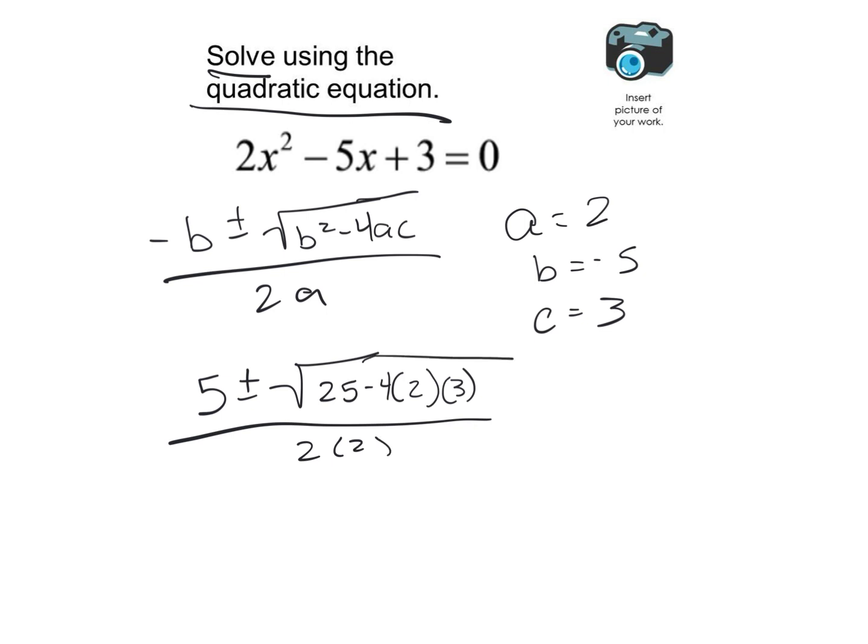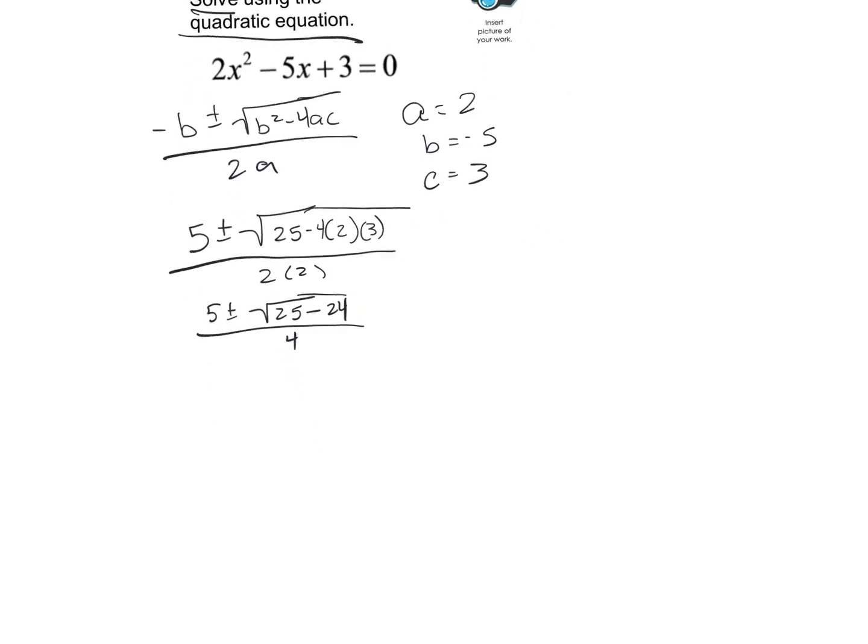Okay, I'm going to start simplifying according to the order of operations. 5 plus or minus square root 25 minus 24, all of that over 4. 5 plus or minus square root of 1, all of that over 4. I know square root of 1 is 1, so 5 plus 1 all over 4, and 5 minus 1, all of that over 4. That plus or minus, we have to separate it now.